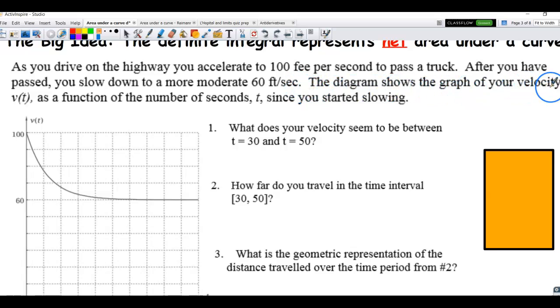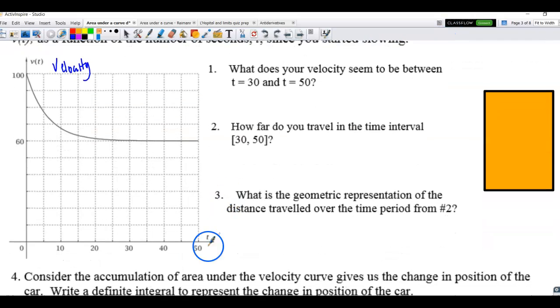The diagram shows the graph of your velocity v of t, so we're looking at a velocity graph, as a function of the number of seconds t since you started slowing. All right, so this is time in seconds.